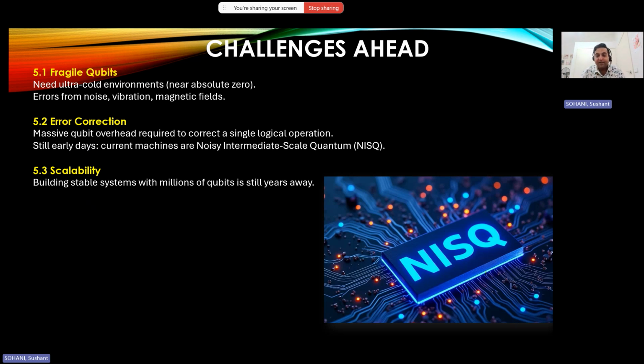If I give you an example, like when the big space agencies like ISRO, NASA leave satellites in space. Okay, what happens? It has quantum computing calculations.